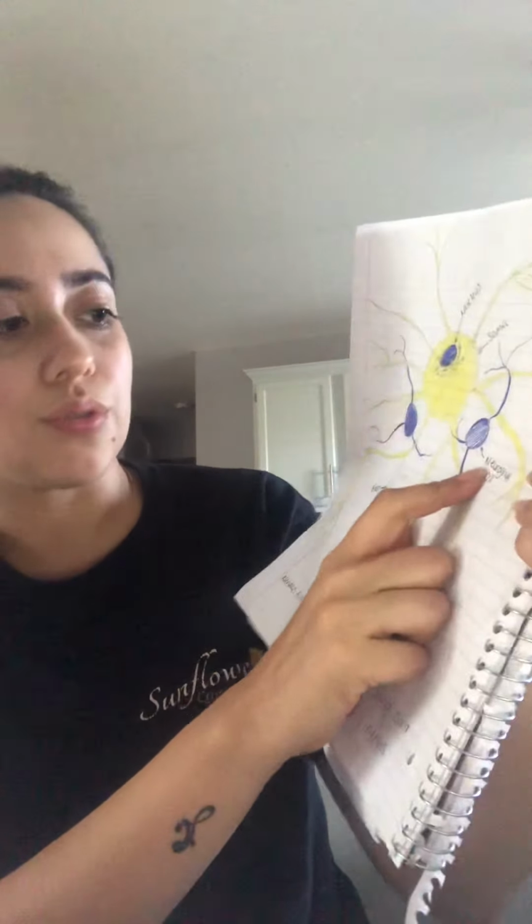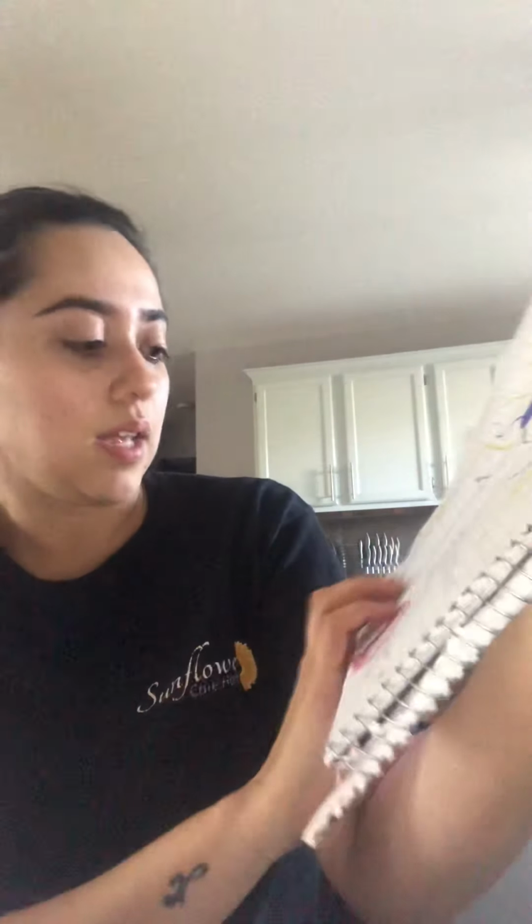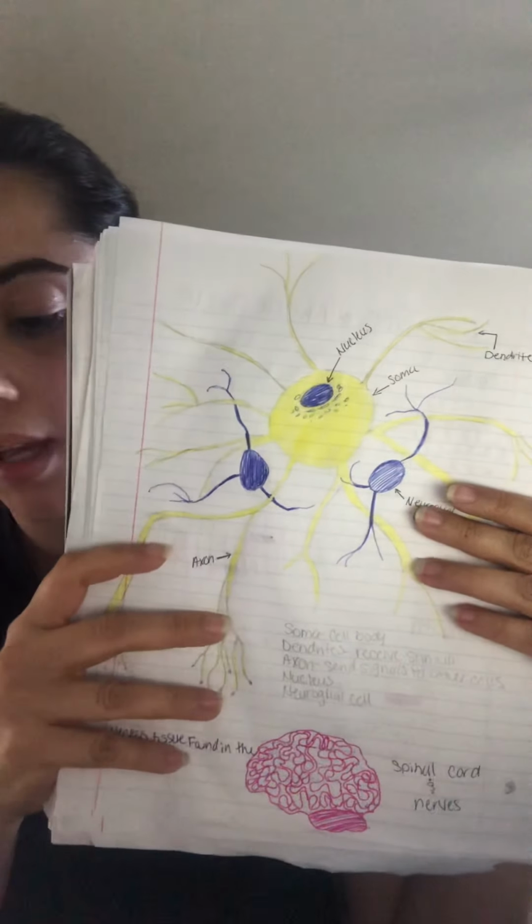And then I also drew the neuroglial cells here and here. As far as the difference between the neurons and the neuroglial cells, the neurons, so you can see here, send and receive info to the stimuli.